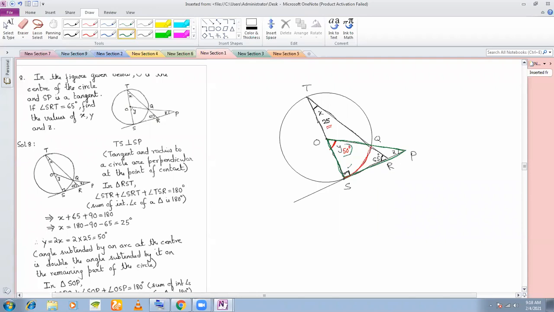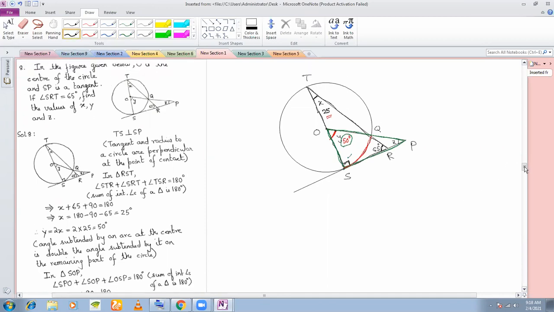The other angle we have found out, 50 degree. So therefore, definitely you can find out z, the third angle. That angle z should be 40 degree. Okay, let us write it down. We first say that OS is perpendicular to SP.